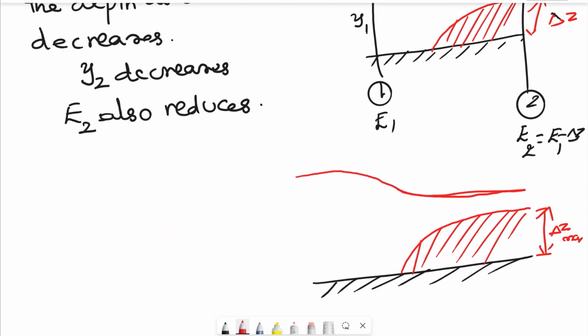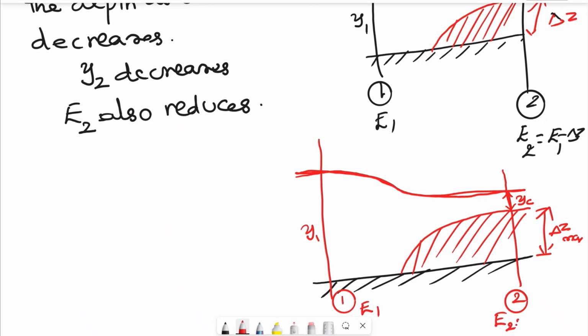This is how the flow condition looks. At section 1, the depth of flow is still Y1. At section 2, this becomes critical depth, and E2 is equal to EC. This is also called E minimum, but the energy remains the same at both places.